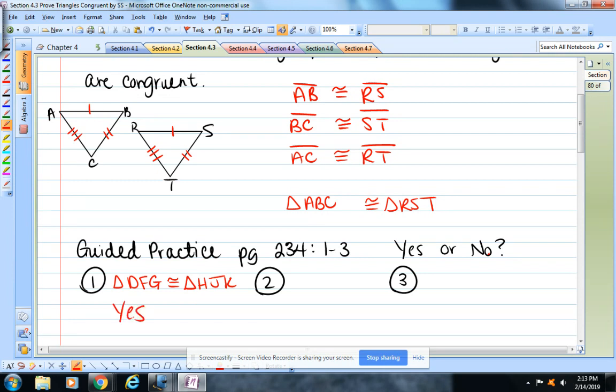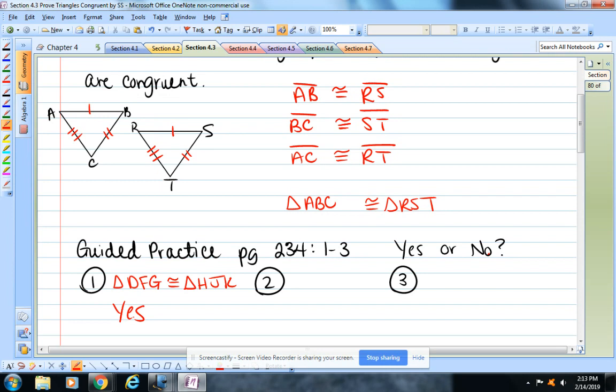So this one is a yes. The congruent statement is true. Does that make sense? The reason is because of side. Yeah, because all sides are congruent. No, not because it looks the same. You're seeing if the statement matches the picture. That's what it means by the congruency statement.